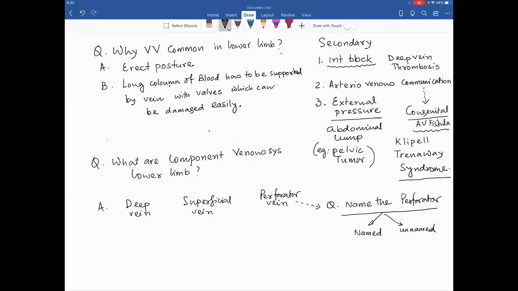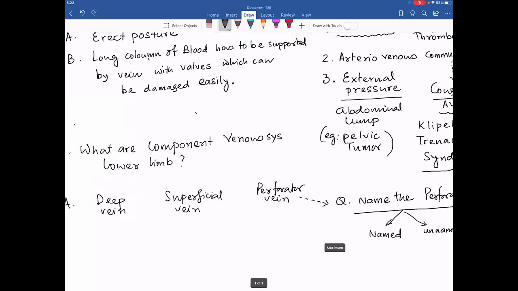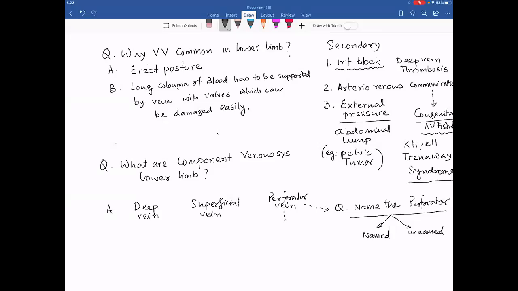For a more advanced level question, you can be asked, what are direct perforators and what are indirect perforators? This is not a very standard term, but old examiners can ask you this question. Direct perforator means the superficial vein drains directly into the deep veins. Can you give an example?